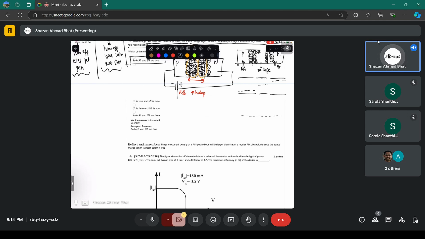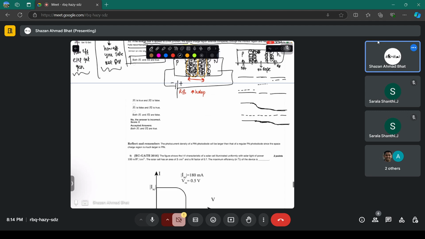With the aligned Fermi level, this will be the P type, this will be the N type, and the intrinsic has to be somewhere like here. Then you draw it like this. This is the exact band diagram of the PIN structure.